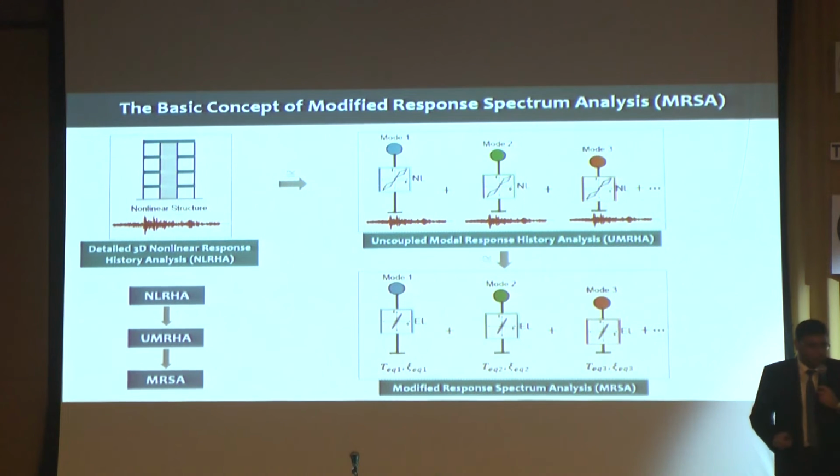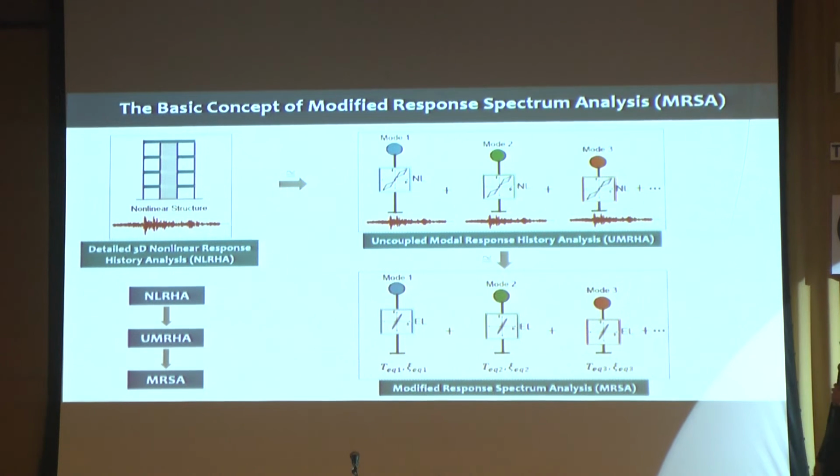RSA is a widely used procedure in design offices. So if we can have an improvement based on this improved understanding of modal responses, why not we should do it? So we proposed this modified RSA procedure, and we are still developing it. It is still not complete, but during its development it is giving reasonably accurate estimates.